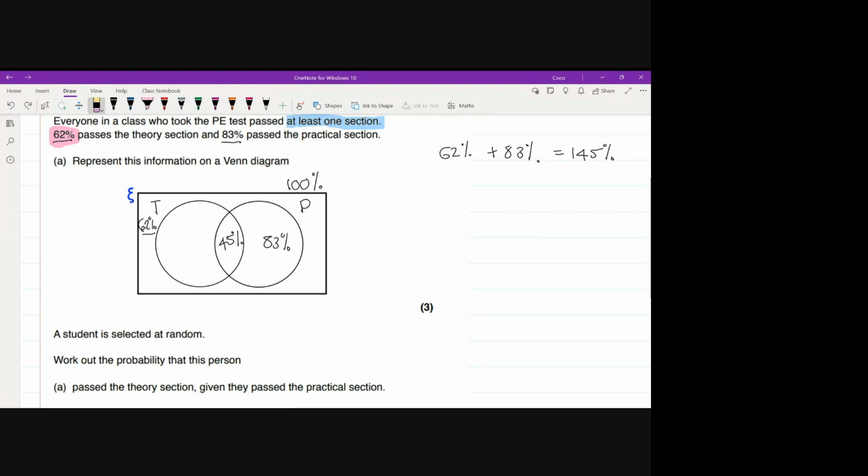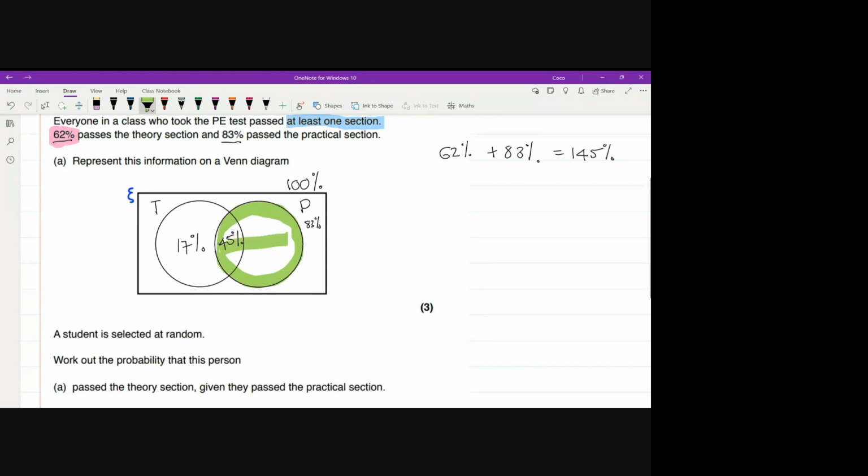Somebody find me an answer. 62 minus 45? 17%. Lovely, good. And then obviously we're going to have to do the same thing on the practical side. We know that the whole of practical needs to be 83%. But if we draw a circle around practicals, you'll see that the 45% in the middle has already been accounted for.